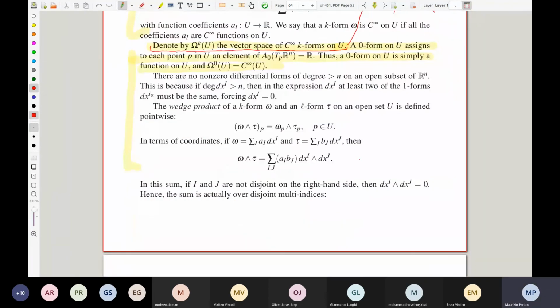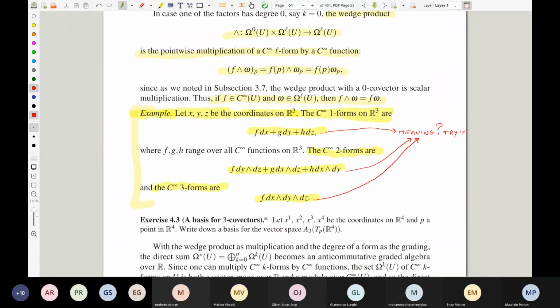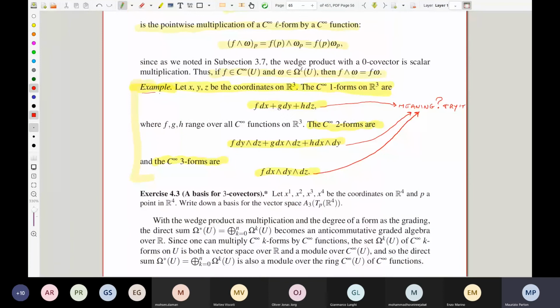Of course, differential forms are alternating maps, right? So I can do the wedge product as usual, meaning dx wedge dy. Just an example. These are the coordinates on R3.